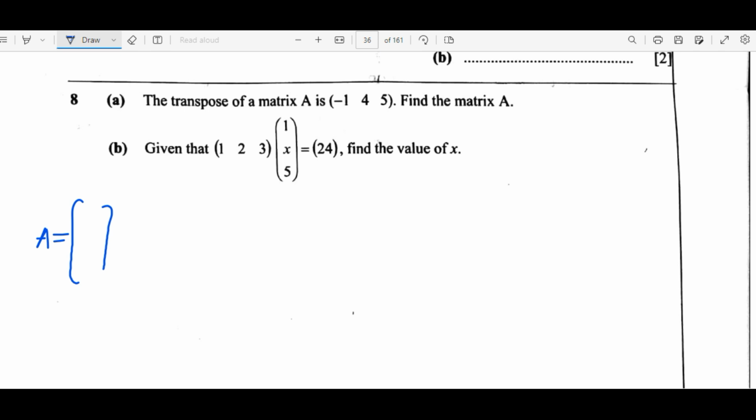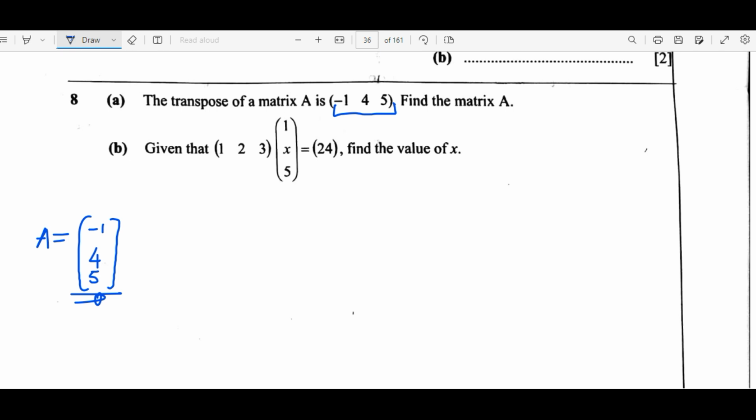Here we can see that for us to get this row, this was supposed to be 1 column. So we are going to make it 1 column. So our negative 1 will be here, our 4, then 5. So this is our original matrix.